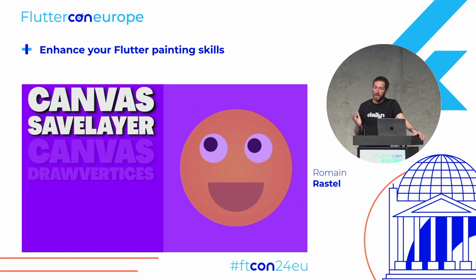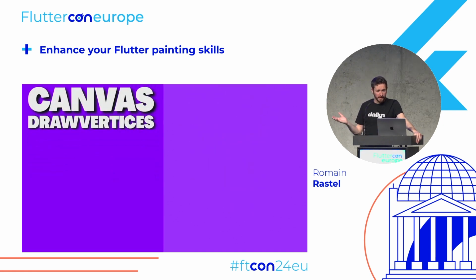But sometimes, if you have an image and a background of a different color from the image, you can see a border from the background around your image if you're clipping it. With save layer, you can overcome that issue. And finally, we saw how to efficiently draw a lot of vertices on the screen.